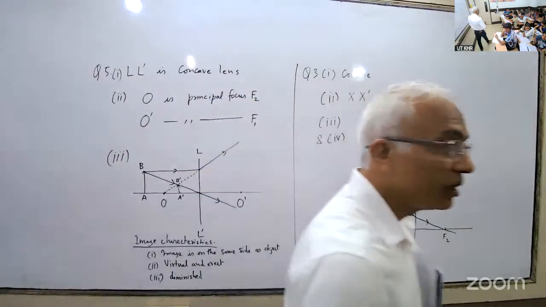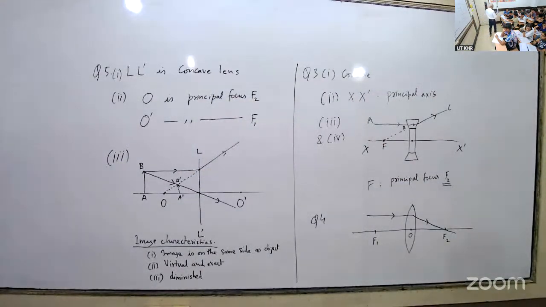So the three image characteristics are its position, its nature, and its size. Say these three things. Okay. Now you complete it.